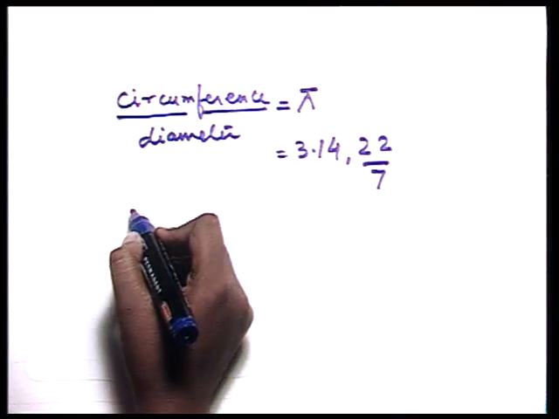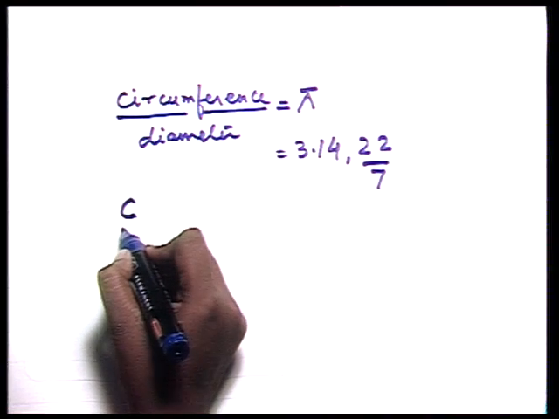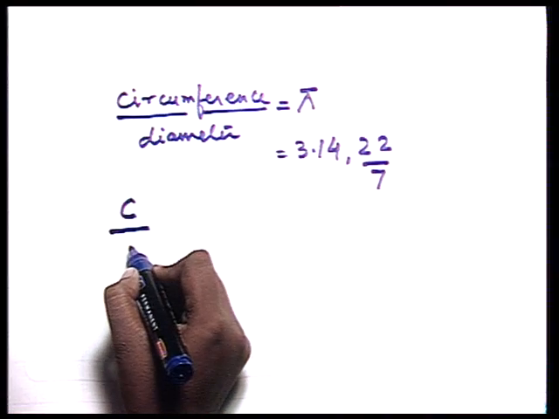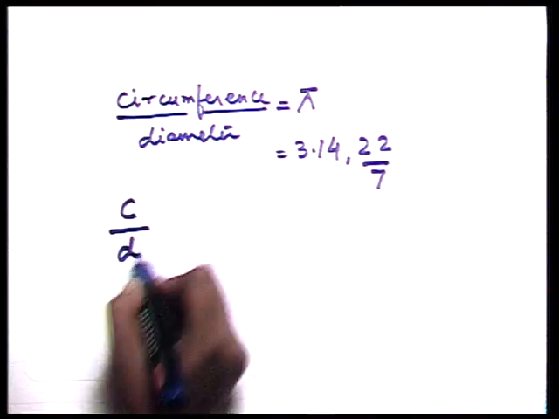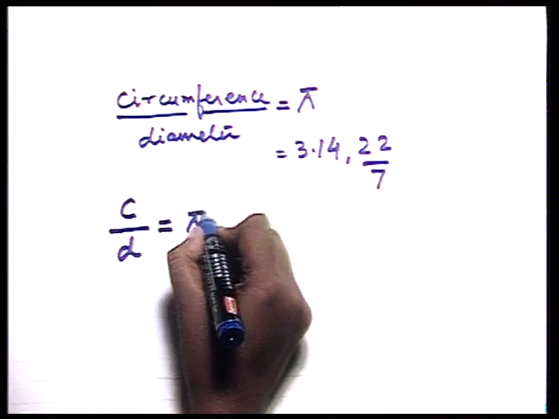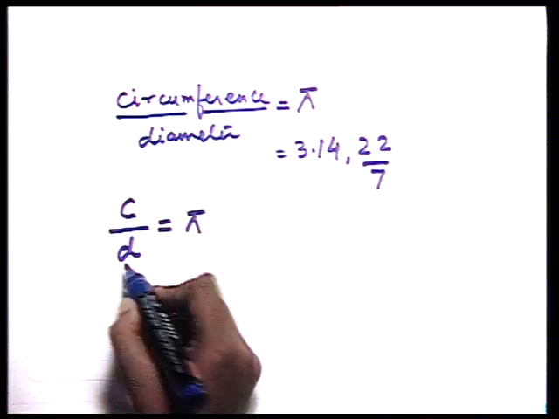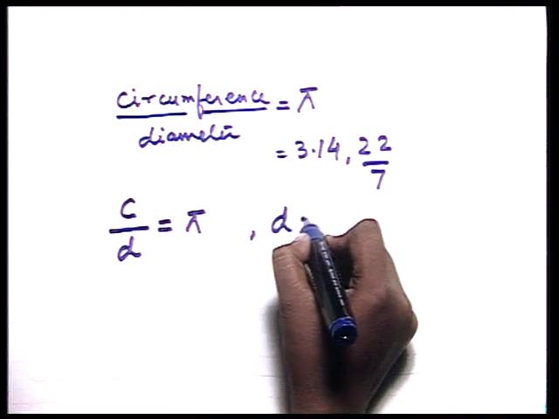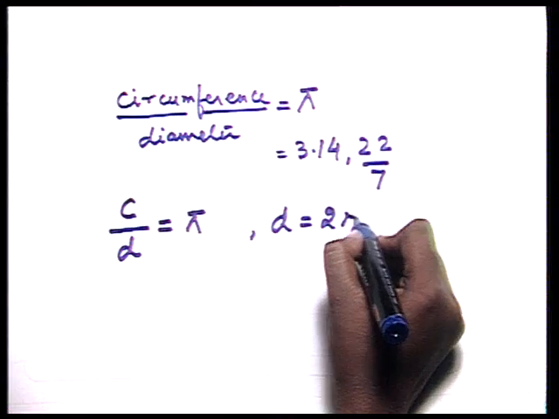So, if we write the circumference of the circle as c and the diameter of a circle of radius r as d, then c/d is equal to pi, but we know that diameter is equal to 2 times the radius.